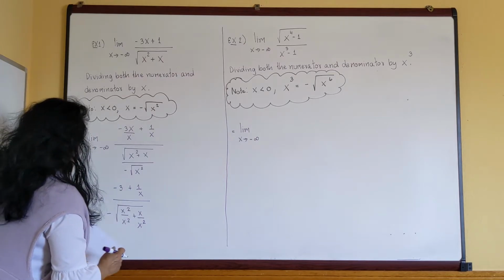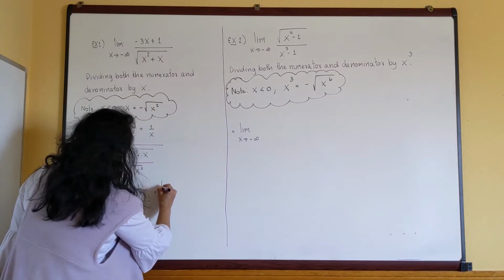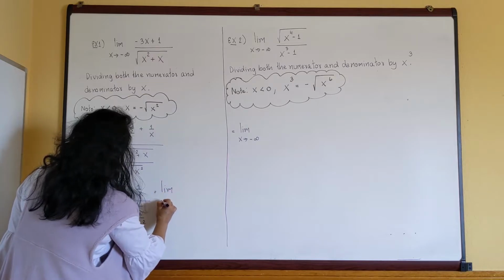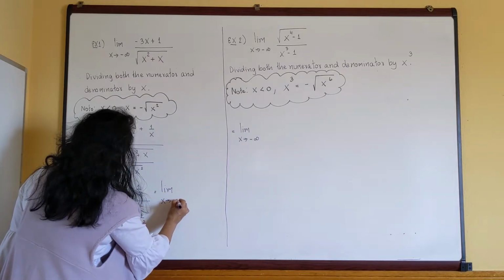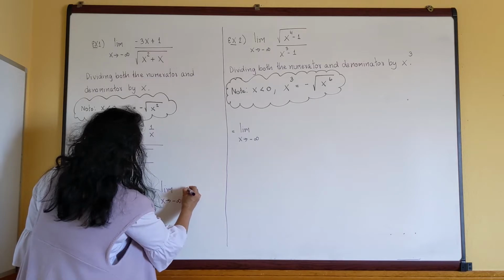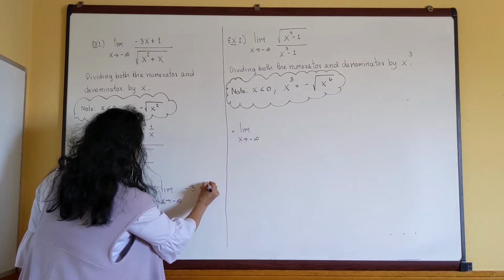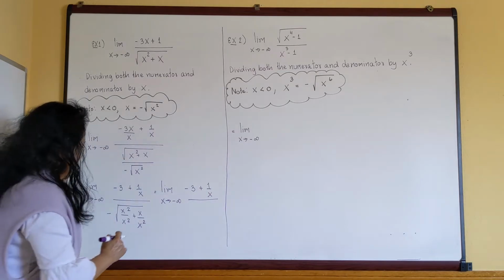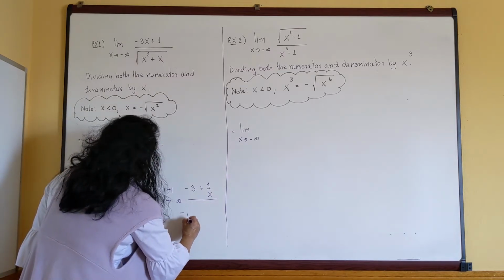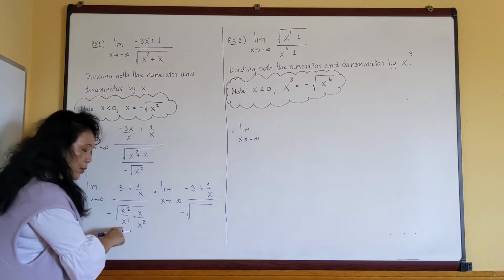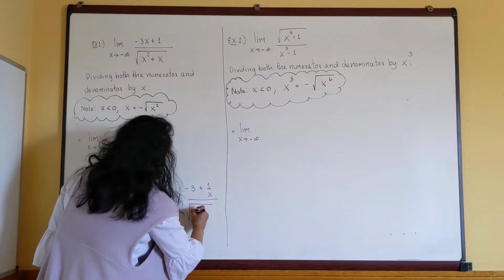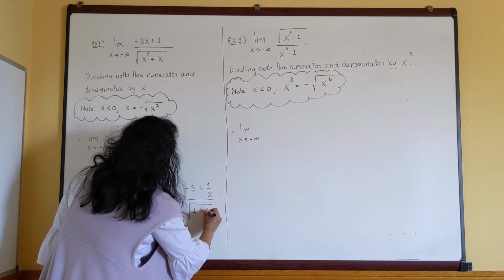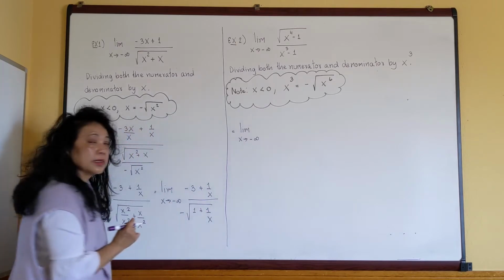I'm going to simplify some more. Then I will have limit as x goes to negative infinity, negative 3 plus 1 over x on the numerator. On the denominator, I will have square root of just 1 plus 1 over x squared.